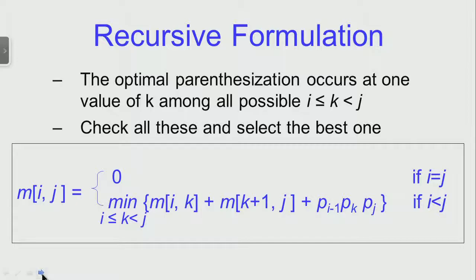If i is strictly smaller than j, then m[i, j] stores the minimum number of scalar multiplications to multiply the chain product Ai to Aj. This is obtained by finding the best value of k, by computing m[i, k] plus m[k plus 1, j] plus p(i minus 1) multiplied by p(k) multiplied by p(j), and choosing the best possible k that gives the minimum value of m[i, j].